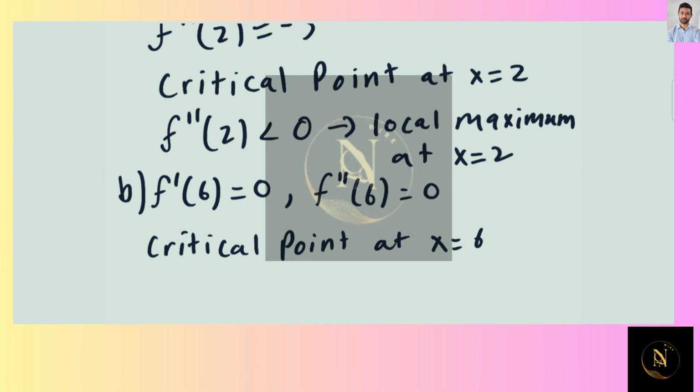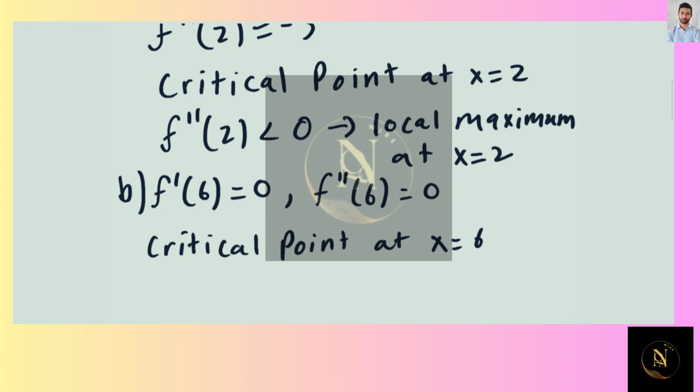And since our second derivative at 6 is equal to 0, that means that this isn't a local maximum or a local minimum. For it to be a local max or minimum, this f double prime of 6 would have had to be positive or negative.